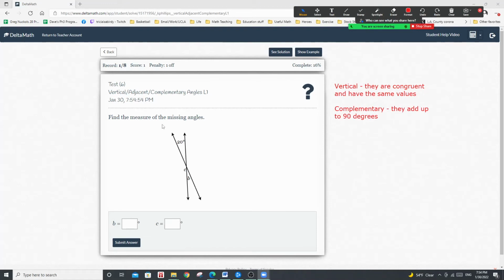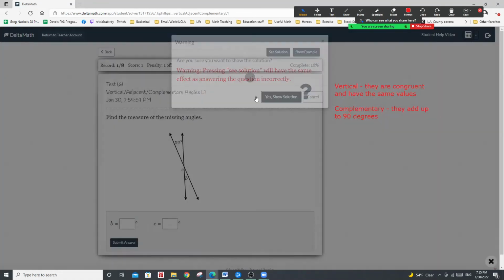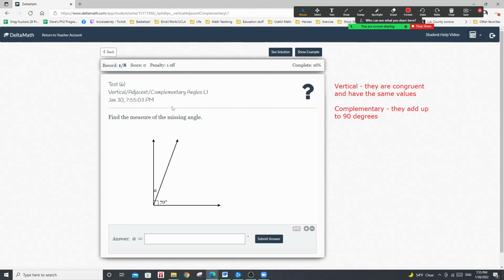Same type of problem, so let's skip this one. All right, this is where they are complementary, okay? And let me add the near pair. Same side angles are on the same side of a line and add up to 180 degrees.